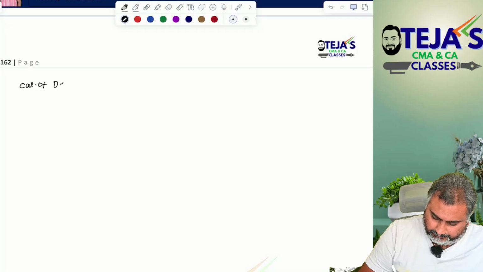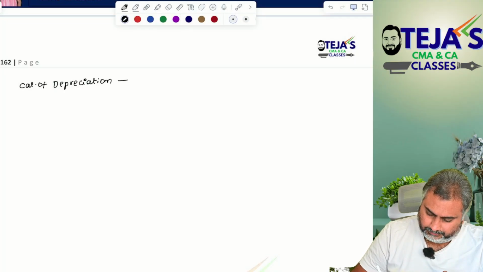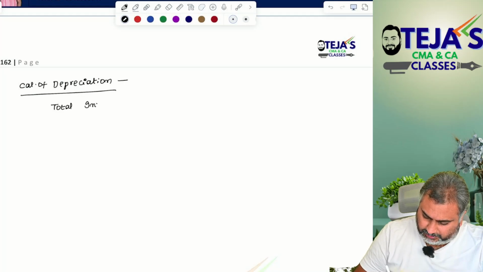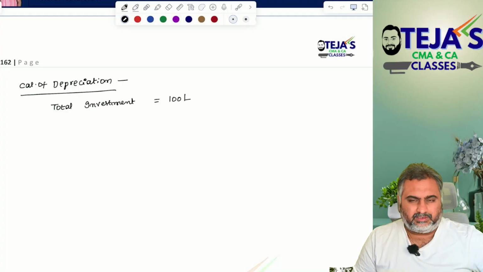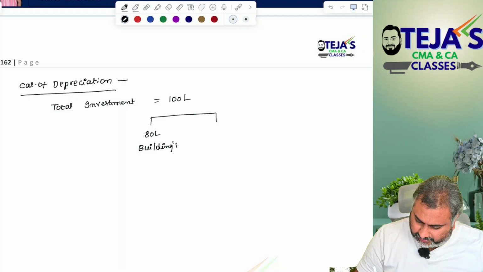Calculation of depreciation. Total investment equal to 100 lakhs. This 100 lakhs, how they are splitting? 80 lakhs belongs to buildings.